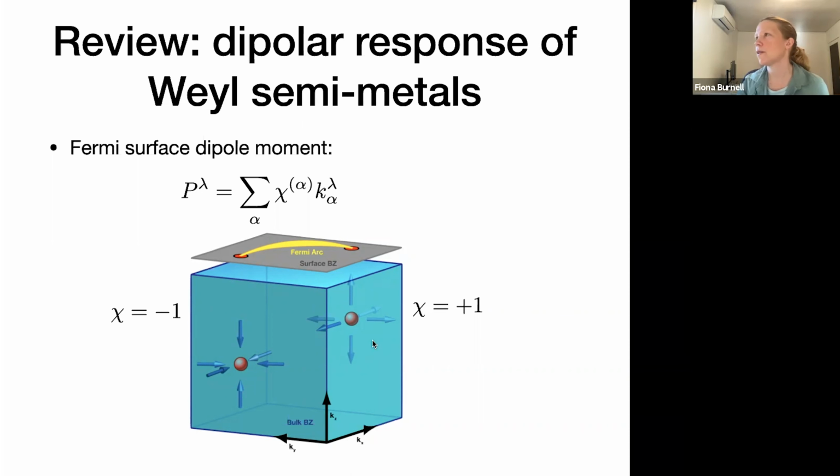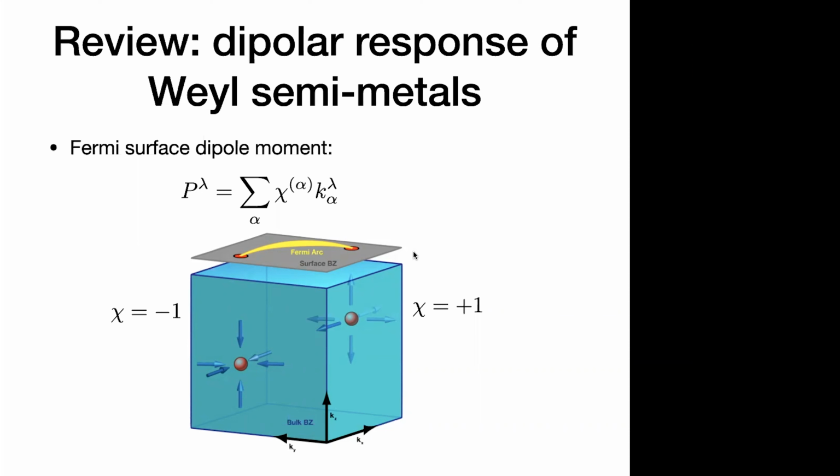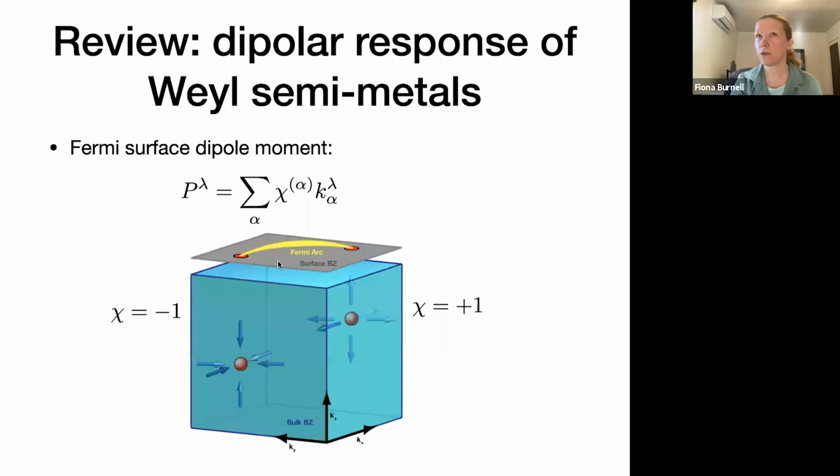Now, you might say, well, let me say I don't care about time reversal. And so I'm going to start with graphene, and I'm just going to gap out one of the Dirac cones and tilt the other one. What happens? But I think if you think about the way the bands are going, you can see that it's not necessarily that you have to create another point like this if you don't care about symmetries, but somehow or other that Fermi surface is going to have to close. But if you have a tilted Dirac cone on the surface of a 3D TI, for example. Yeah, that's an interesting question.